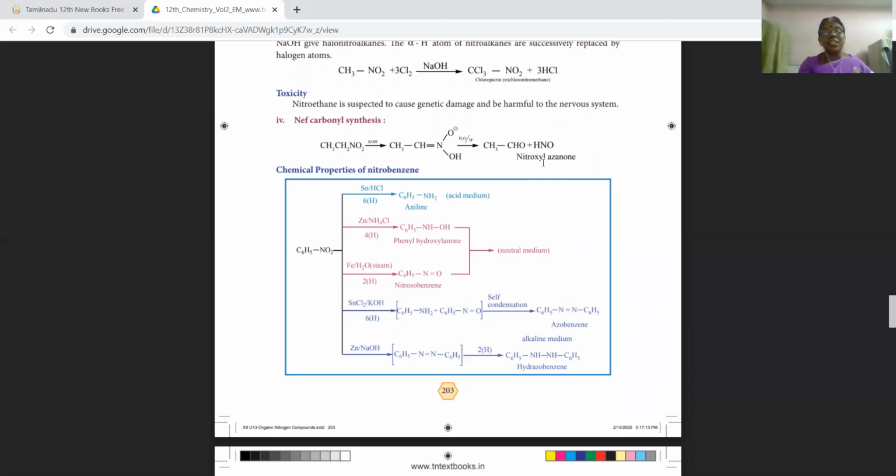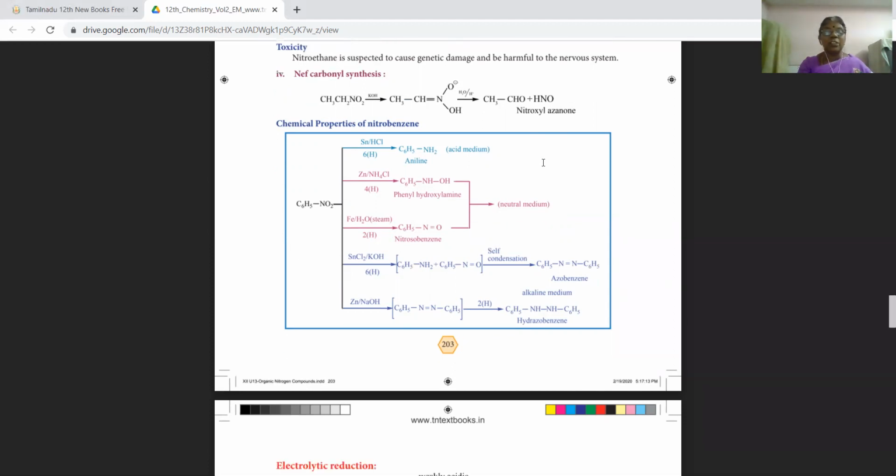Then you will get C6H5NH2 plus C6H5NO, which on self-condensation you will get azobenzene. And again, if it is treated with zinc and sodium hydroxide, that too is a basic medium, you will get an intermediate compound like C6H5-N=N-C6H5, and that is converted to hydrazobenzene, C6H5NH-NHC6H5.